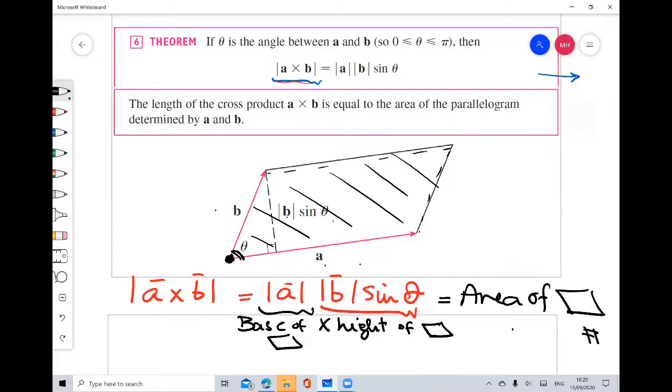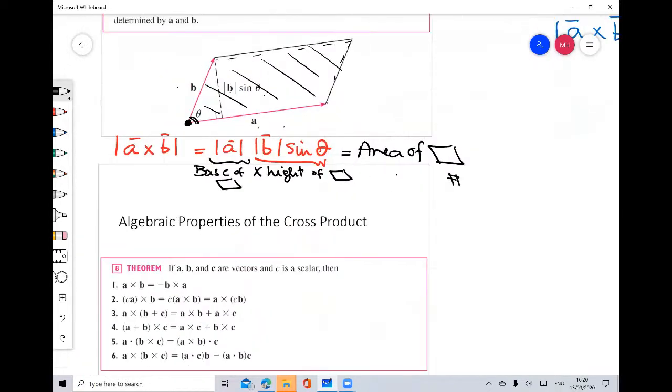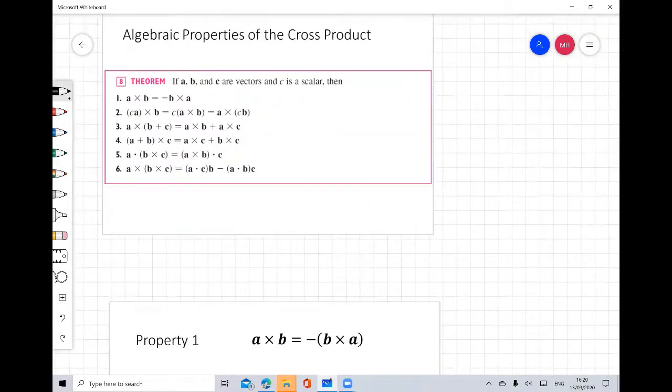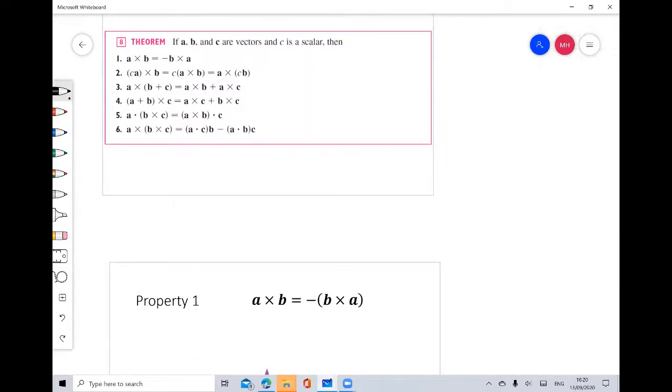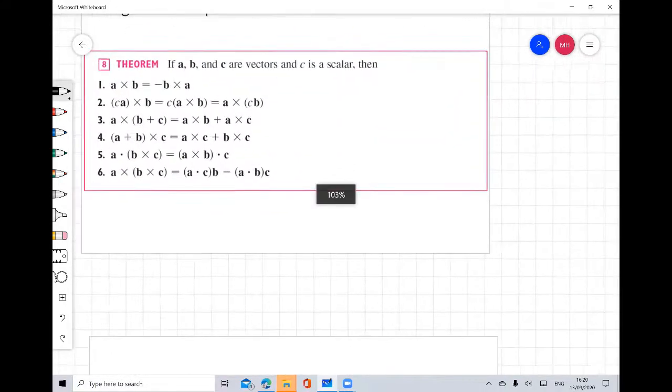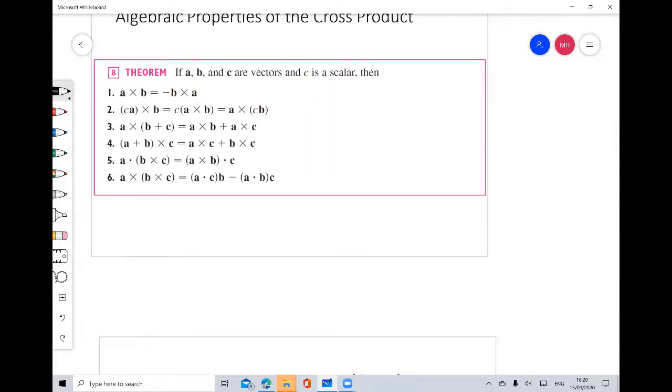We could practice with worksheets on these ideas, okay? Now here we have some other properties that are going to be useful, definitely. The first one tells me that A cross B is equal to minus B cross A. I'll make some remarks about the properties.